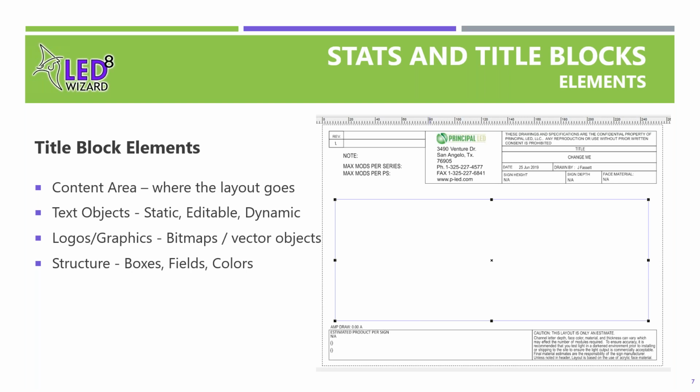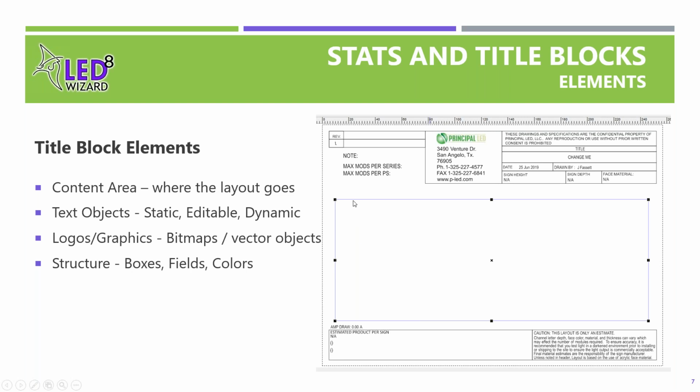Okay, so let's look at what some of the elements are in one of our title blocks. And the first item is the content area. This is a rectangle that you define where the layout actually goes. Okay, so all this stuff on the top and all this stuff on the bottom, that's the generic template that'll always be there.